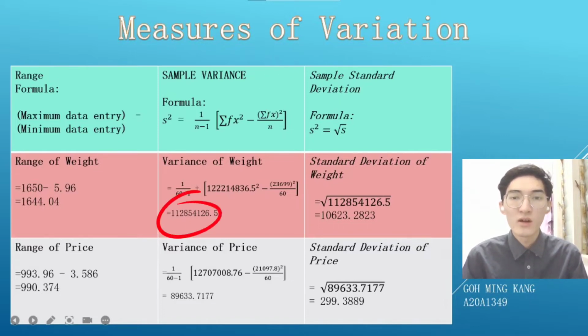So the variance of wedge is 11285412.65, and for the price is 9633.7177. The standard deviation formula is s equals the square root of s squared. So the standard deviation for wedge and price is 10623.2823 and 299.3889.